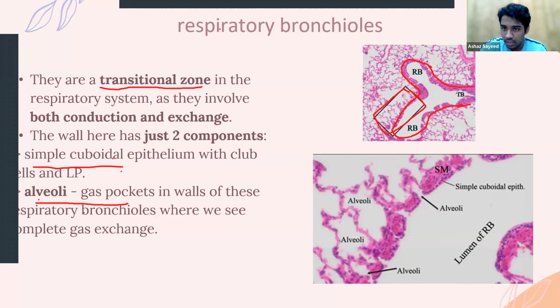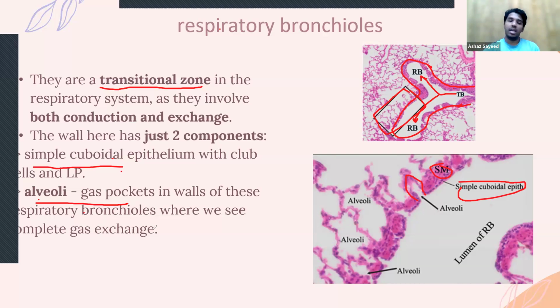The terminal bronchiole branched off into the respiratory bronchioles, and within the respiratory bronchioles you have your simple cuboidal epithelium, a bit of smooth muscle, I would say, and alveoli start here. Once the respiratory bronchioles terminate, they terminate into these alveolar sacs. The walls themselves start having alveoli, but at the end, it's not completely alveolar.